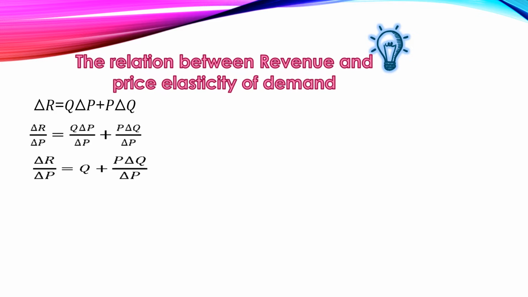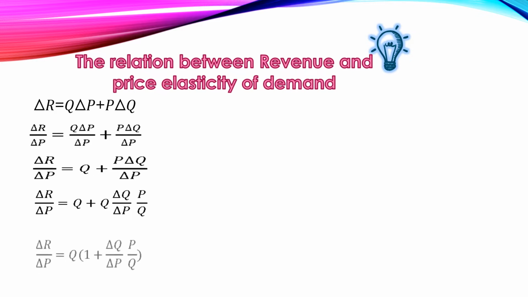By multiplying the equation by quantity over quantity, we get change in revenue over change in price equals quantity plus quantity times change in quantity over change in price times price over quantity. We set Q, quantity, as a common factor.